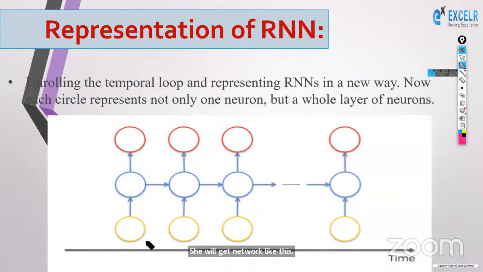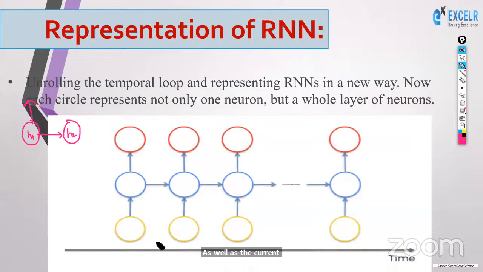So what is this network? We have a number of input nodes, a number of hidden layer nodes and output nodes. Now, what is the recurrent? Recurrent is nothing but the output of one hidden layer node, let's say H1, will be the input to the next hidden layer node as well as the current output layer, right?